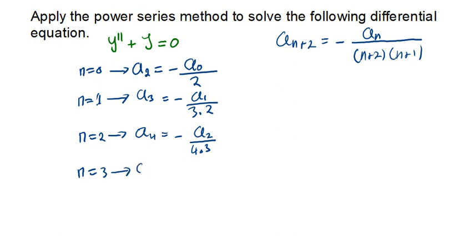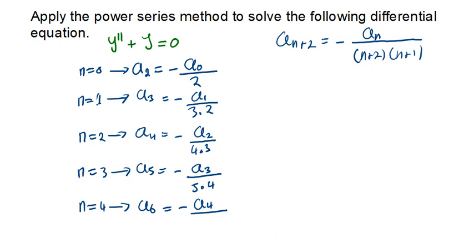This is going to be a sub 5 is equals to minus a sub 3 divided by 5 multiplied by 4. If we say, let's say n is equals to 4, what we get is a sub 6 is equals to minus a sub 4 divided by 6 multiplied by 5.